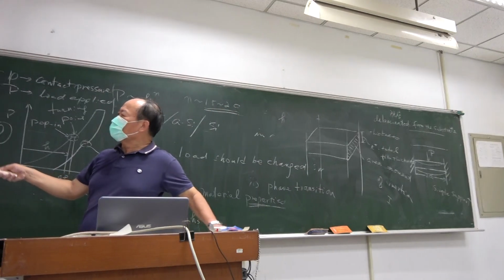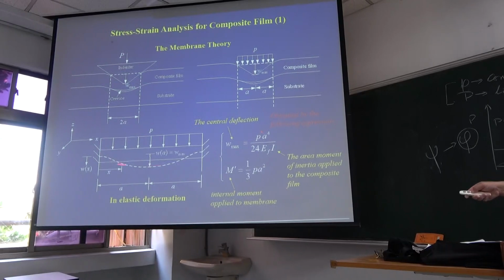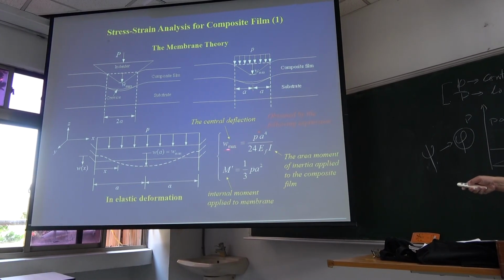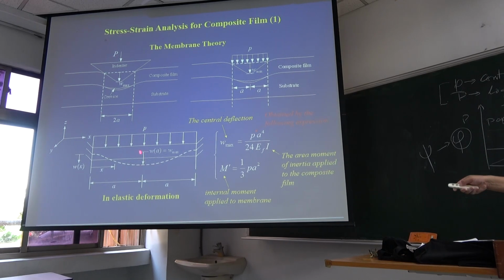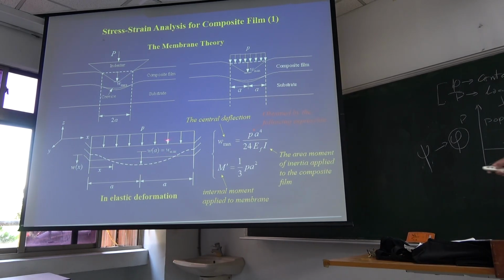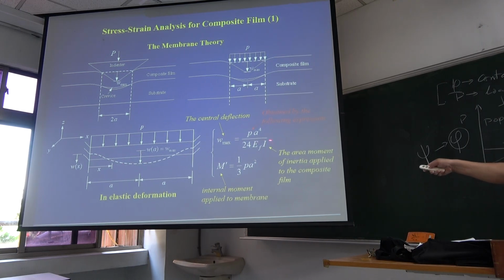So from the membrane theory, if the uniform pressure is acting over the surface, we have the maximum deflection at the central line, which is just this value. And given the pressure p, the deflection is this value.